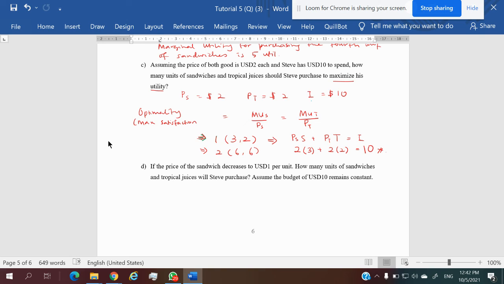So this is not affordable. Alright, so the combination of goods that can maximize your utility is 3 units of sandwich and 2 units of tropical juice. Okay, let's put the answer here.